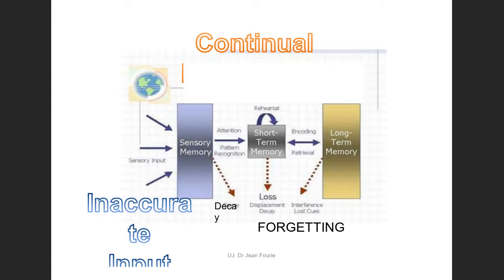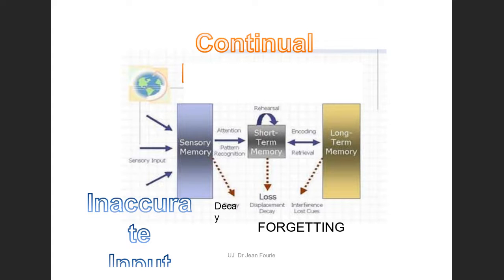There can be decay at the sensory register itself, where we are recording or looking at things. So instead of seeing things clearly, we don't see them, and there are lots of experiments that tell us that we are very bad as human beings at taking in the information presented to us in our environments at all times, because we would get sensory overload, and so we filter out a lot of things.